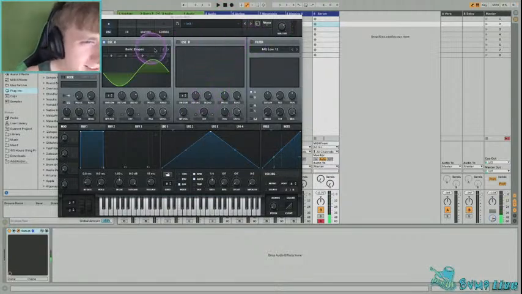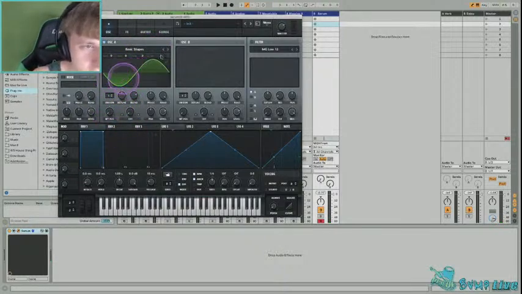Right, you get the point. But that's what it looks like. We can also have a 3D view, but don't worry about that.